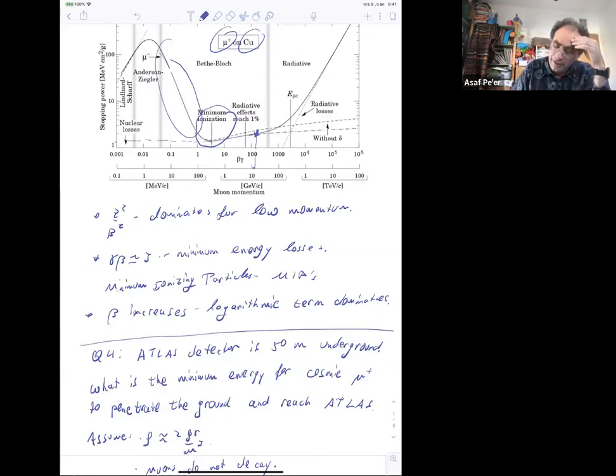So the values are not that different. So the assumption that I made in solving this problem was a reasonable one, up to orders of magnitude. I mean, it's 30%, fine.